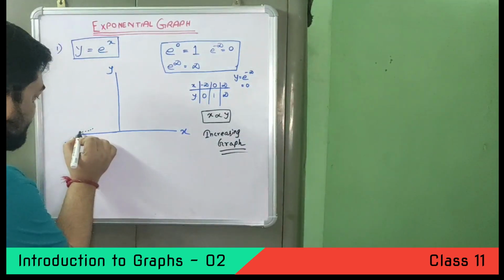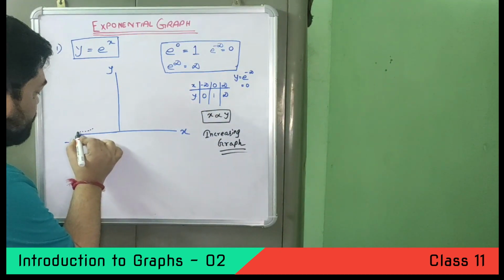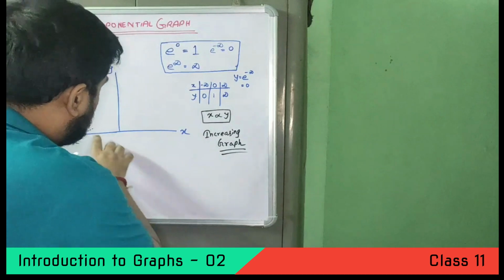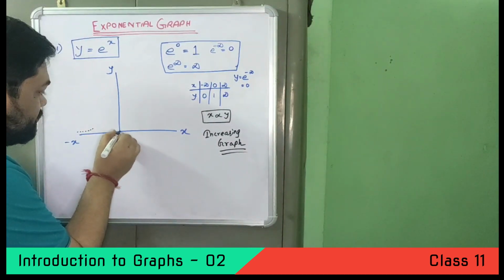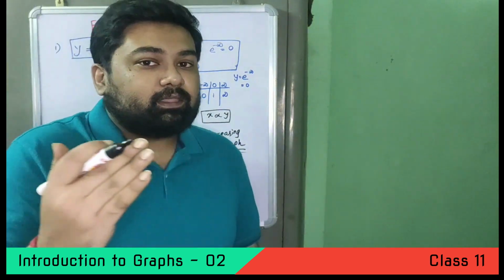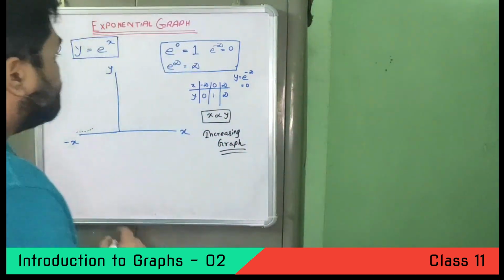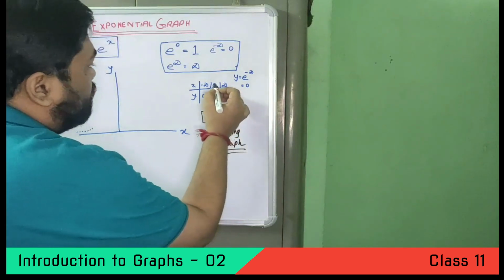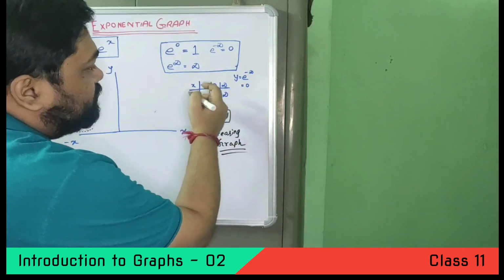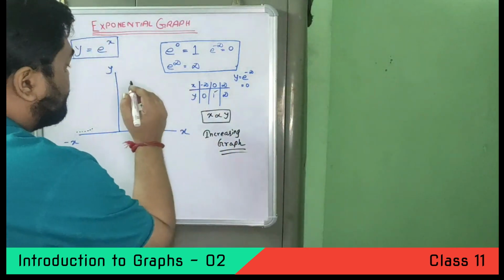That means at x equals minus infinity, the y value is almost approaching 0, right? Here the coordinate of y is 0. So it is as if it is almost reaching the minus infinity value of x and the 0 value of y, right? Now you can see at x equals 0, there is a value of y. What is it? It is 1.